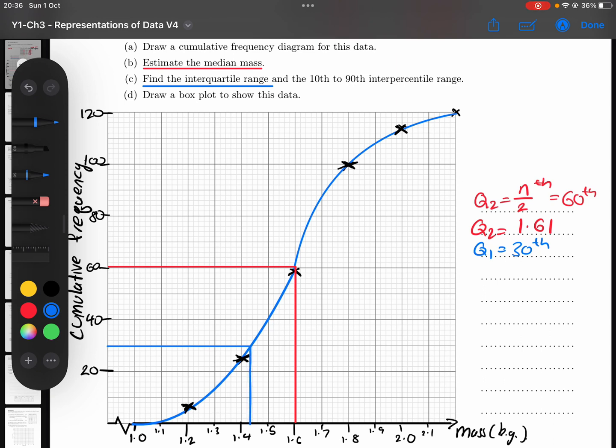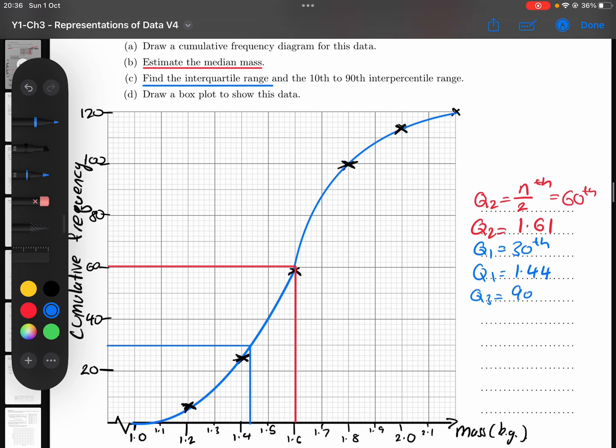You might get a slightly different value in your graph, but I'm getting pretty much exactly 1.44. I can also find the upper quartile, which in this case, 3/4 of 120 would be the 90th value.